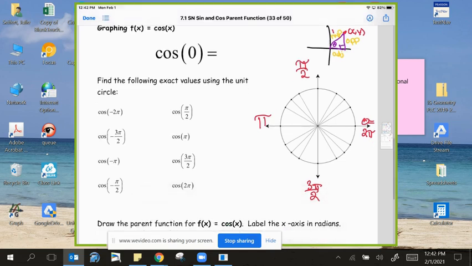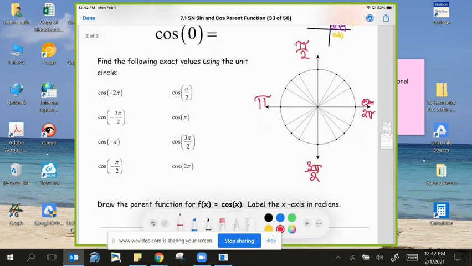Now, if we are looking at those points again, we have a radius of 1. So on the right, that ordered pair is 1, 0. Up is 0, 1.